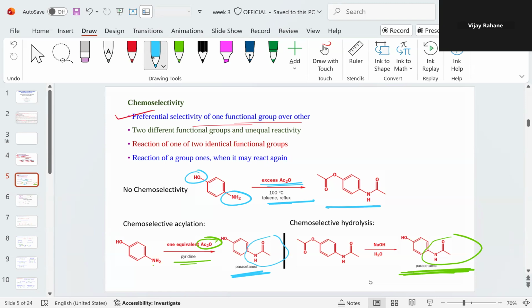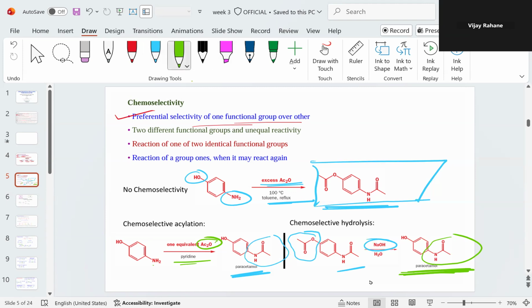We do the reaction that we discussed first, using excess acetic anhydride, so we get 100% of this product. Then if we add NaOH, this NaOH selectively deprotects the ester.